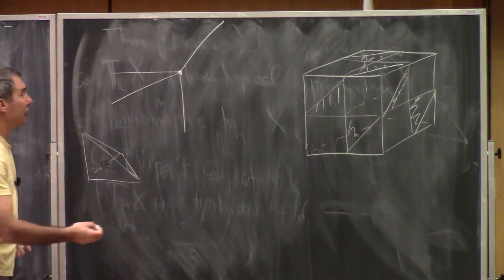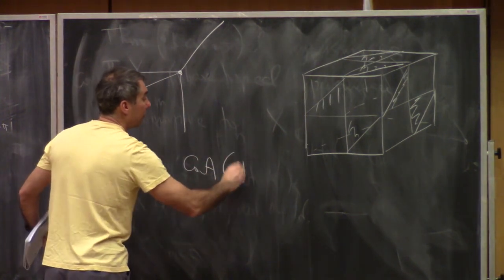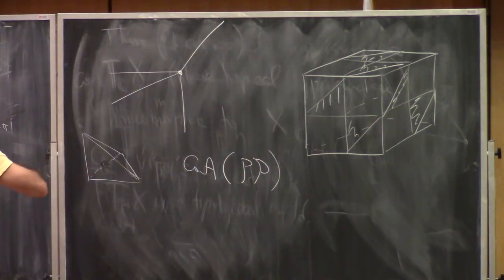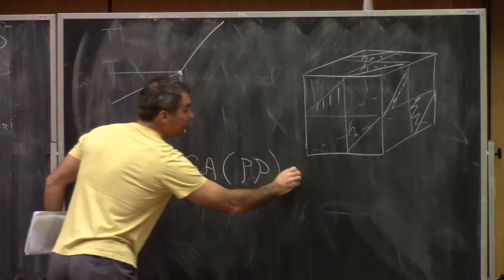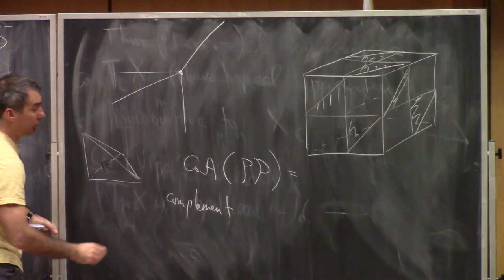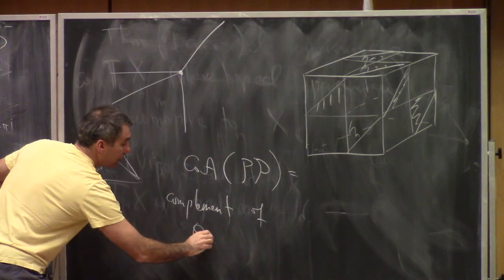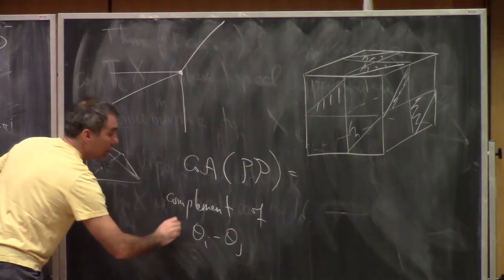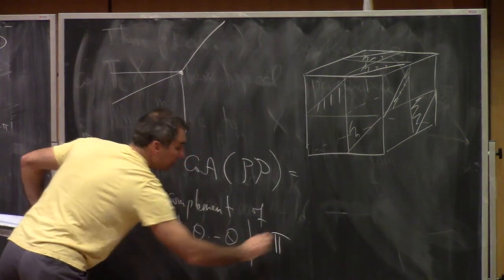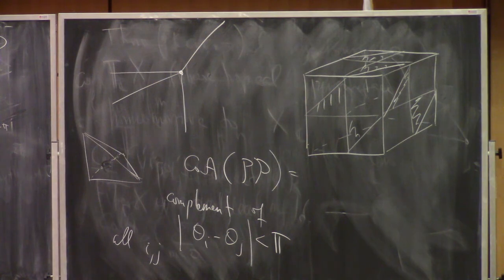A deceivingly simple way to describe this coamoeba is to take the coamoeba of the pair of pens, let me call it PP. The coamoeba of the pair of pens is the complement of the following zonotope. It's given by equations like theta i minus theta j less than pi for all i and j, thinking about my theta 0 being 0.